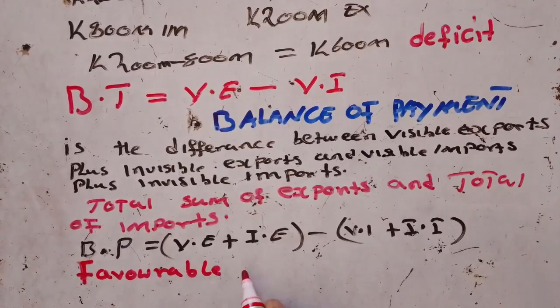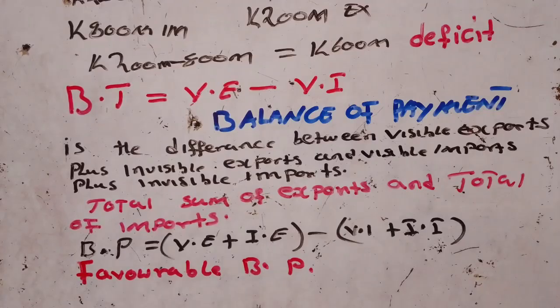Favorable balance of payment is when the visible export plus invisible exports exceeds visible imports plus invisible imports.